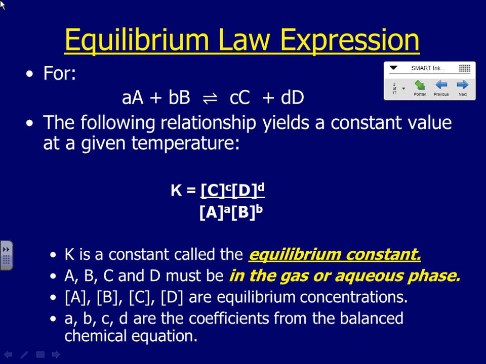In a more general sense, it's equal to the concentration of the products to some exponent, whatever those exponents are in the equation, over the concentrations of the reactants to some other exponent, whatever their coefficients are in the balanced chemical equation.